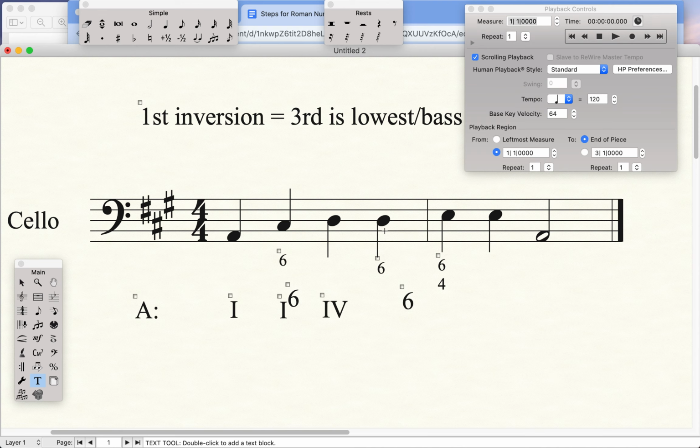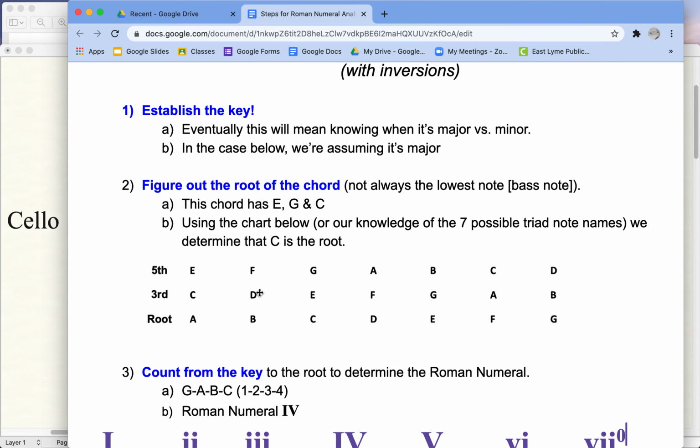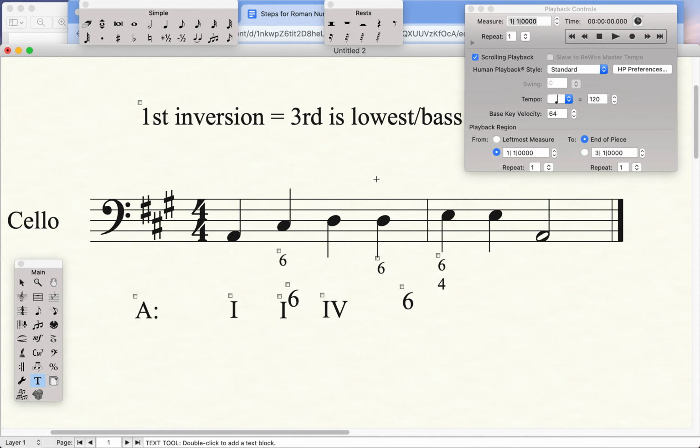This is a D, so when I go to the chart, D is the third of what chord? Oh, a B chord.